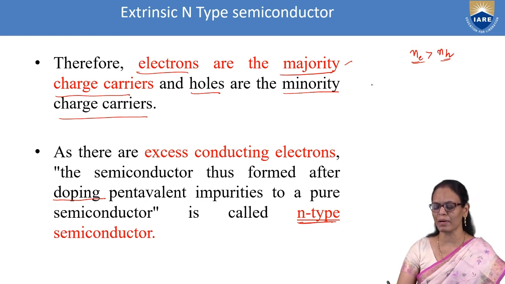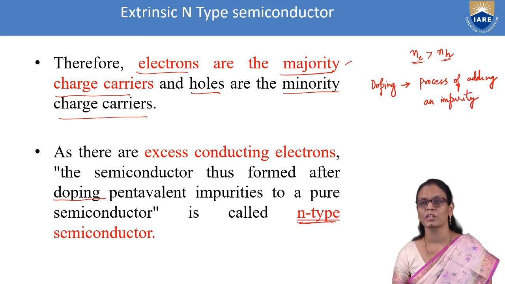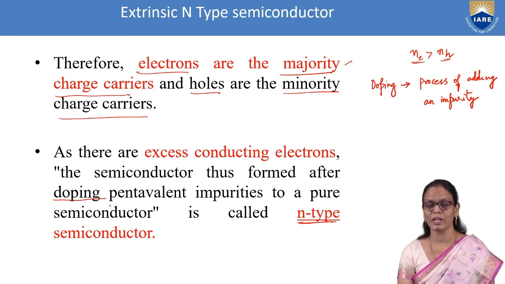Doping is nothing but the process of adding an impurity to a semiconductor. So by doping a pentavalent impurity, we get an N-type semiconductor.